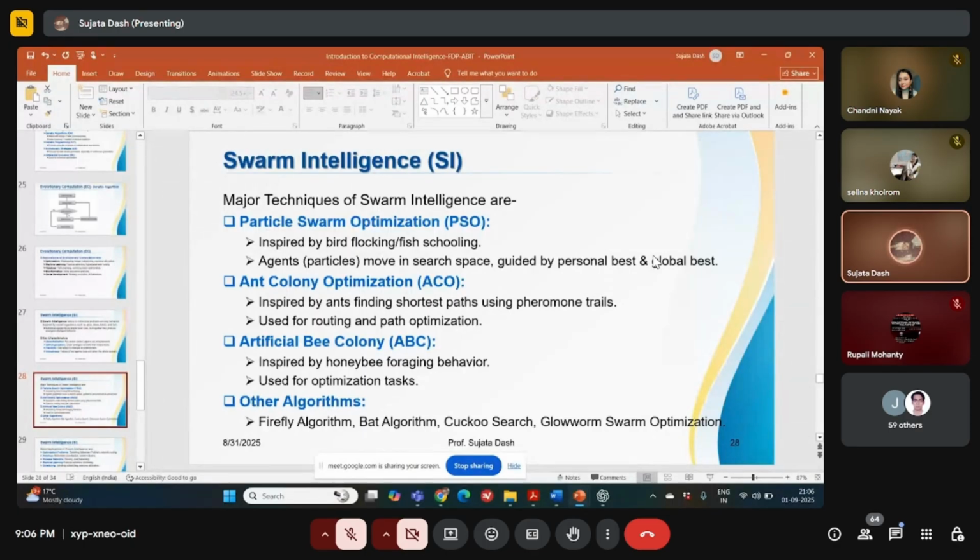Then other algorithms like the Firefly algorithm, Bat algorithm, and Cuckoo search algorithm. Bat mimics echolocation, and cuckoo search mimics brood parasitism of cuckoos, useful in optimization, resource allocation, and search problems.